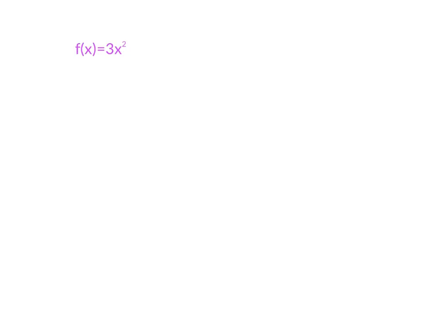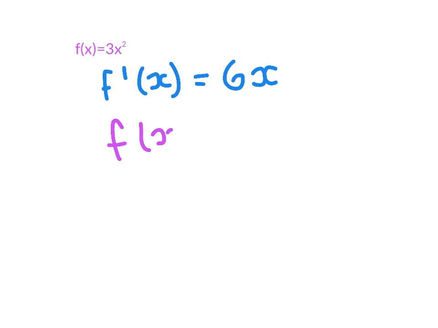So just to remind ourselves, if I have a function that's 3x squared, if I differentiate, I multiply by the power and reduce the power by 1. If I want to integrate, I'm trying to go back to the original function. So to do this, I'm going to increase the power by 1.